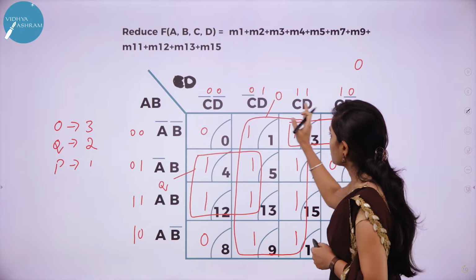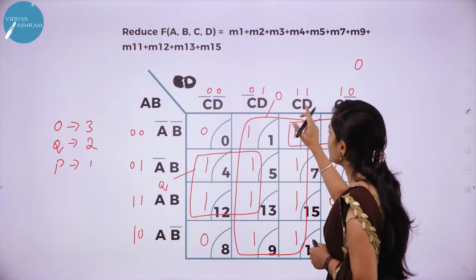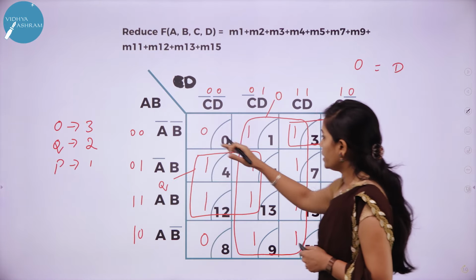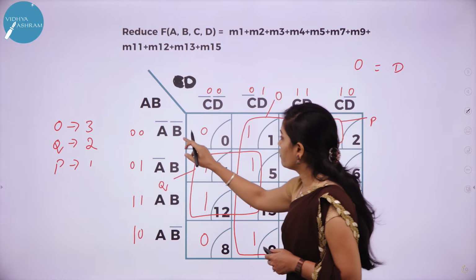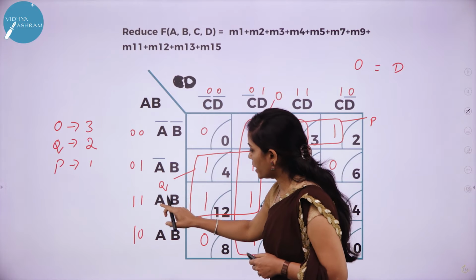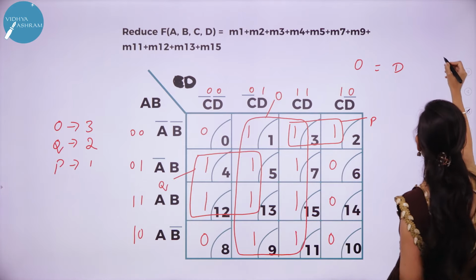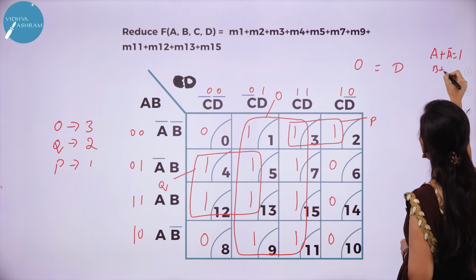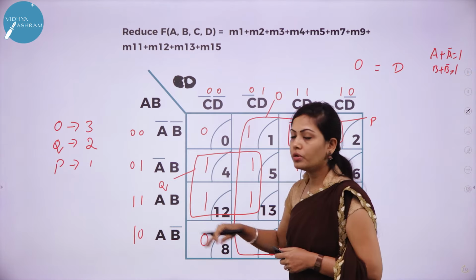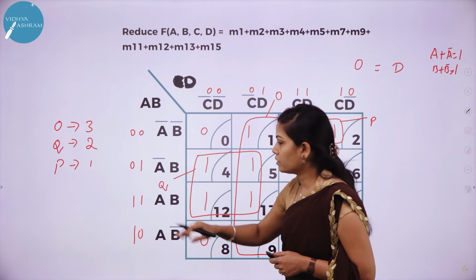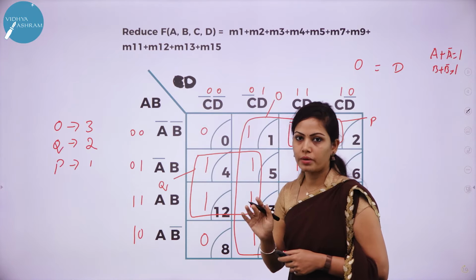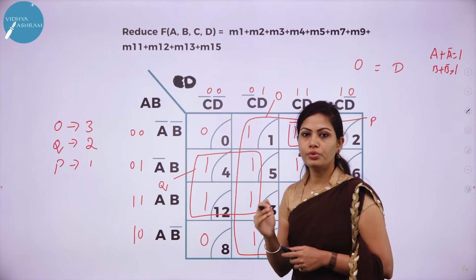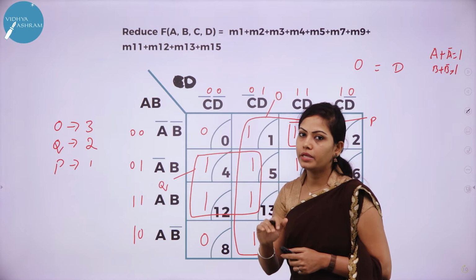In columns, which is the common factor, C bar D plus CD, the common factor is D. In rows, A bar plus A is equal to 1, and B plus B bar is equal to 1, so there is no common variable.